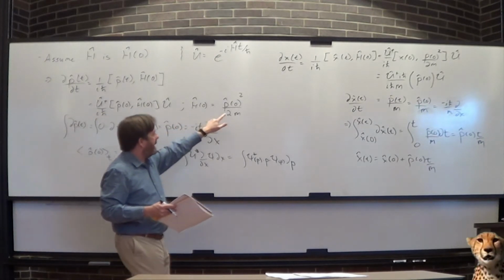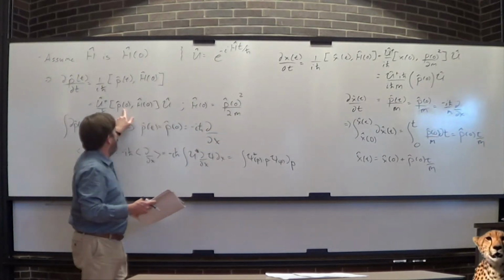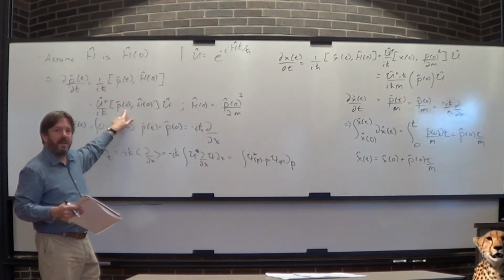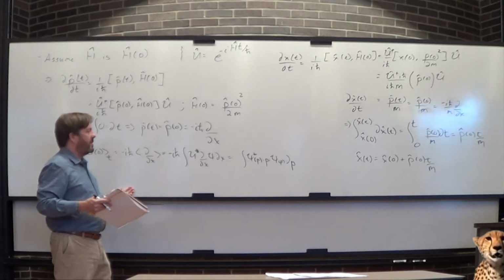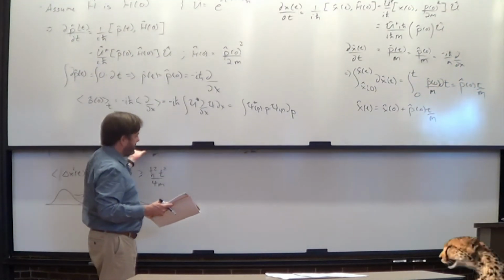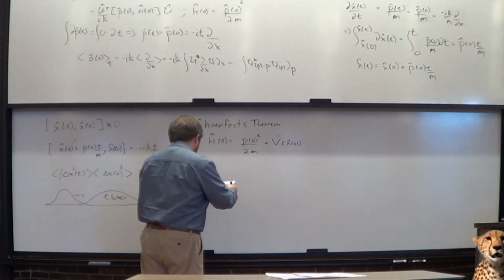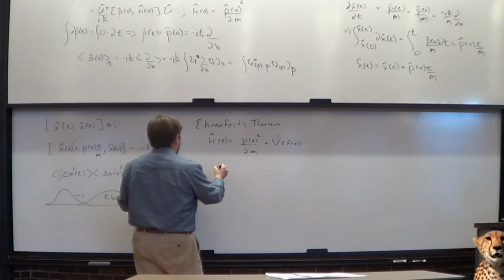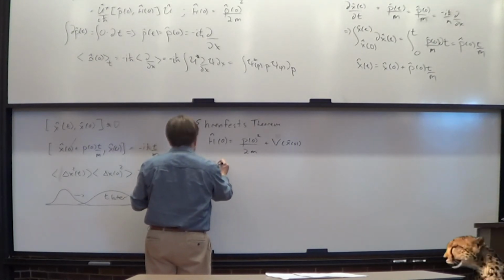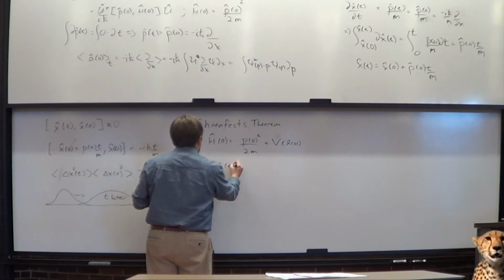But if there's an x in here, then you're going to have a px minus xp, and that's not 0. So this is going to complicate it. Anyway, what I want to point out is that you're going to find this relationship.